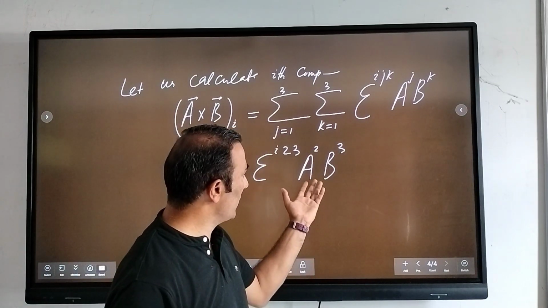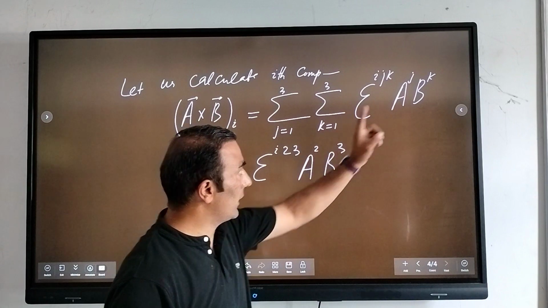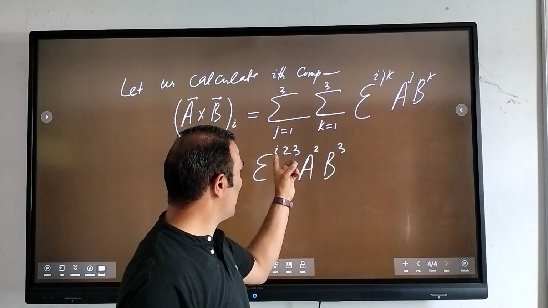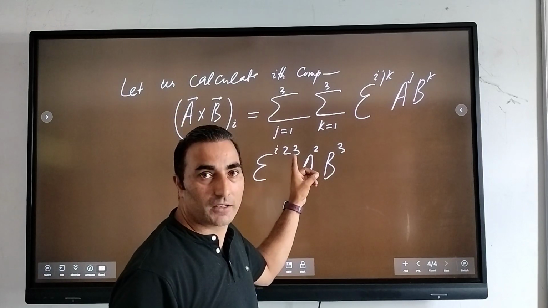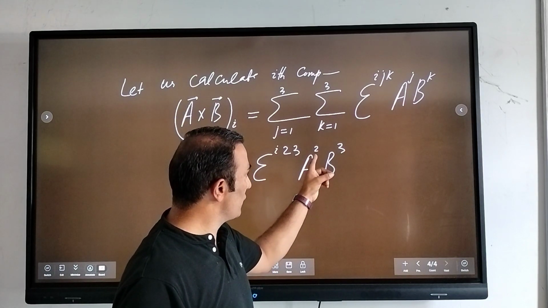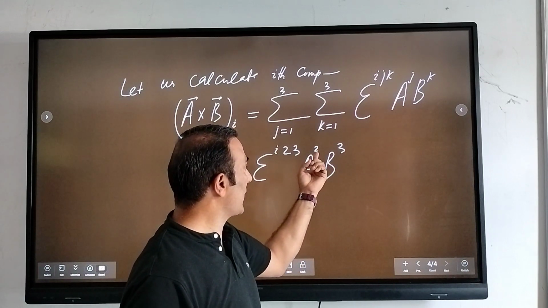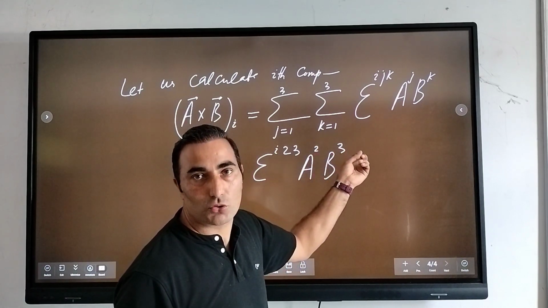So here the a, I take the y-th component of a. So I wrote here epsilon i 2 3, which means j is 2 and k is 3. And the second possibility is that k can be equal to 2, j can be equal to 3. Right?